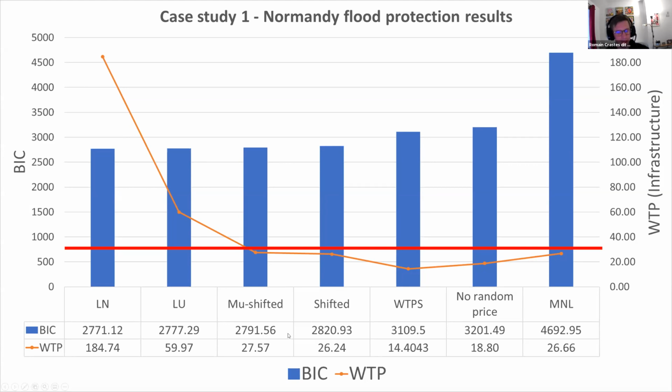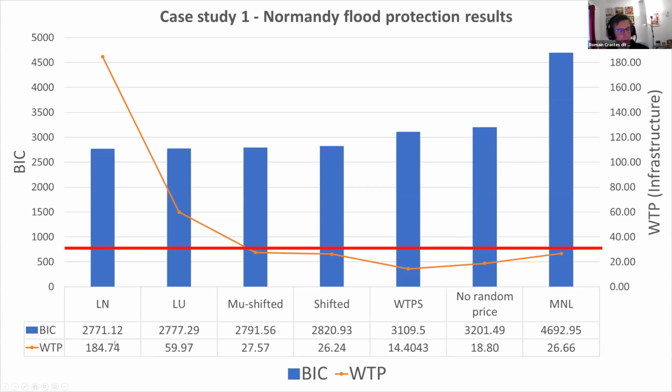But the goodness of fit is much better than the willingness to pay space approach. For the mu shifted distribution, for example, it's 2,791 instead of 3,109, which means that the mu shifting model fits the data much better than the willingness to pay space approach.